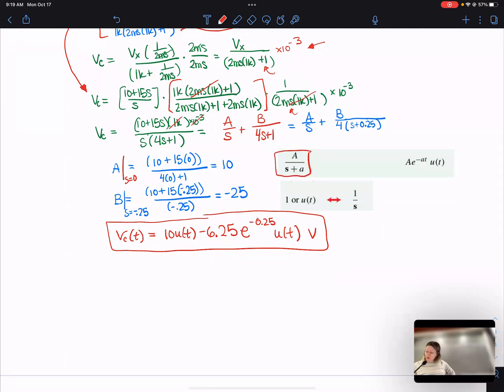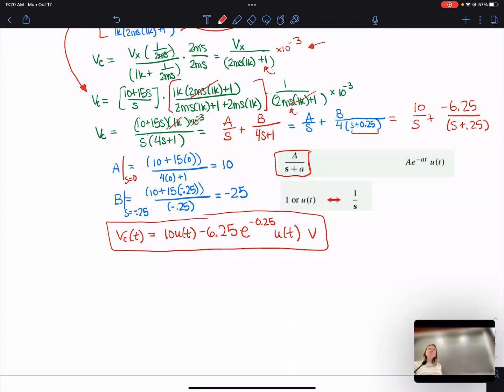The form though is A over S plus a. So I need to get this S plus a, and so I have to factor out the 4. That becomes B over 4, which gives me 10 over S plus a minus 6.25, which is minus 25 over 4, over S plus 0.25.